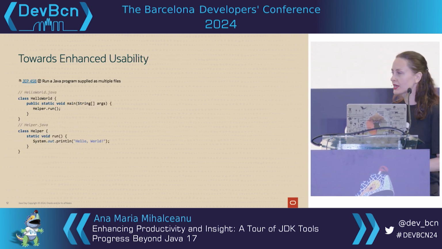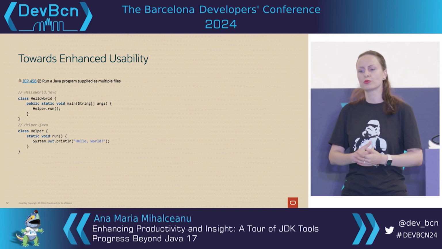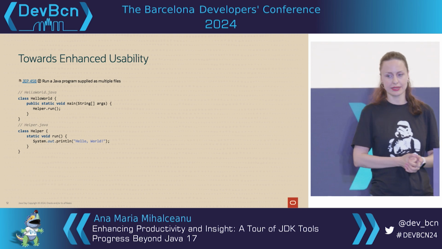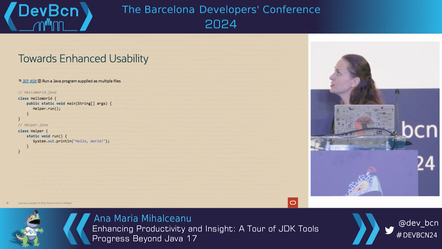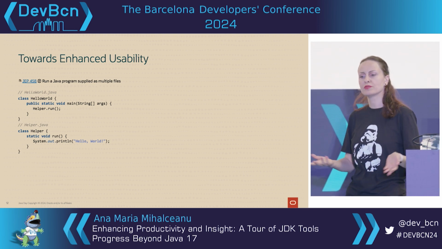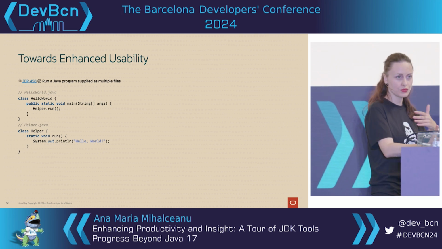But when it comes to usability, there was a change that was introduced to help us launch our Java programs easily. So in JDK 22, JEP 458 is proposing to us the ability to run a Java program that is supplied as multiple files, like in this case, Hello World has 2 files.